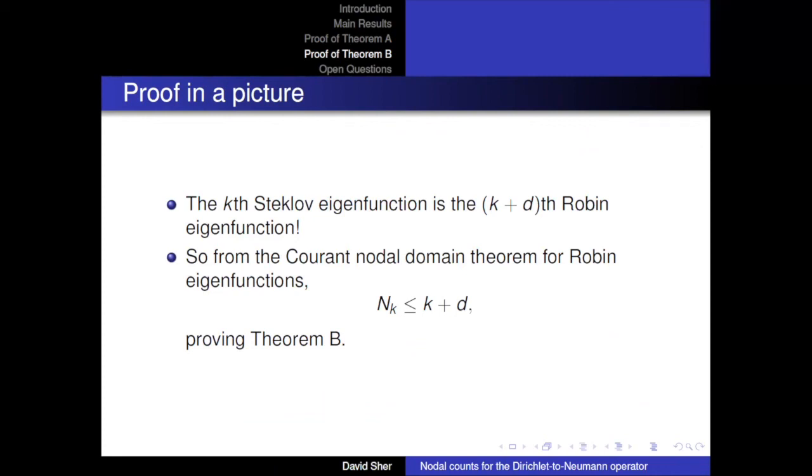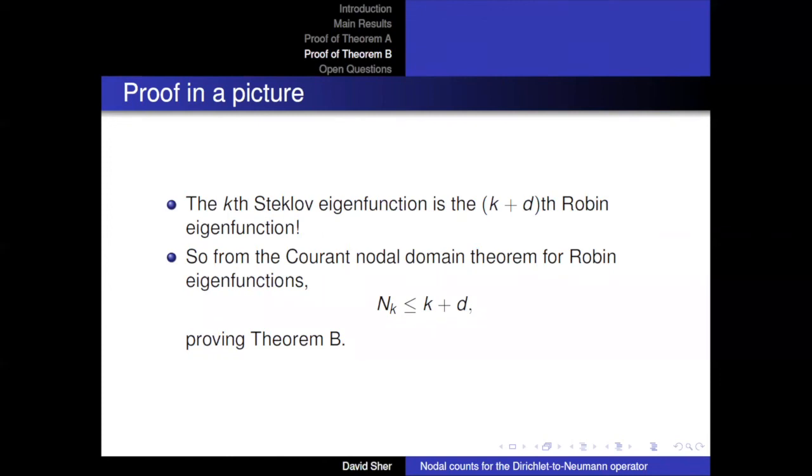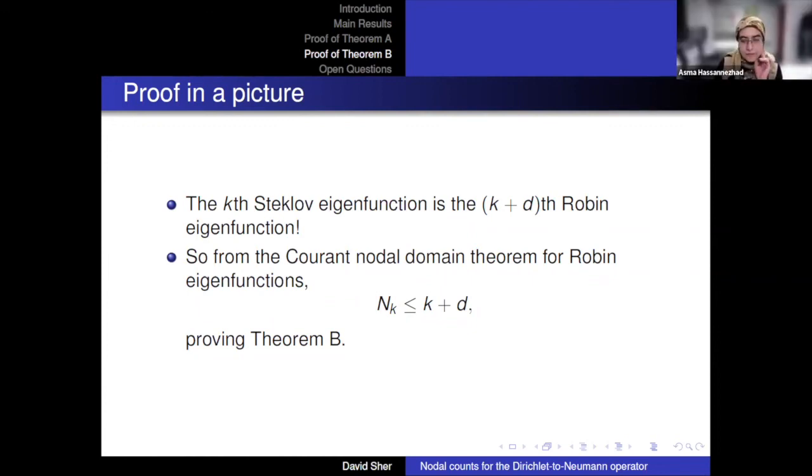Can I comment on this? Yeah, Asma, I think that doesn't quite sound right, but Asma? Yeah, so if I understand correctly, you're saying that applying Pleijel for the Robin problem, right? Yes. So here, the only Robin eigenvalue that we are interested in is the 0 one.